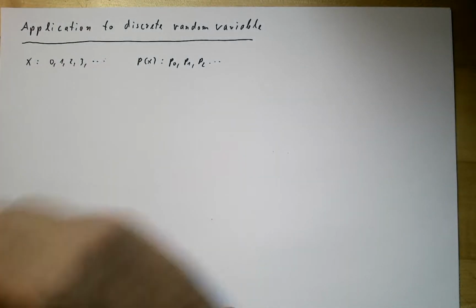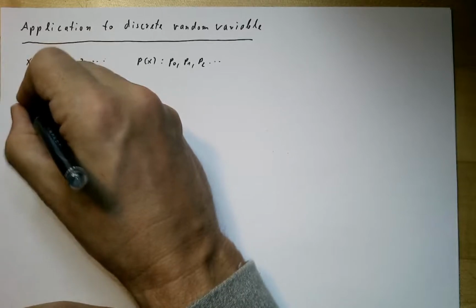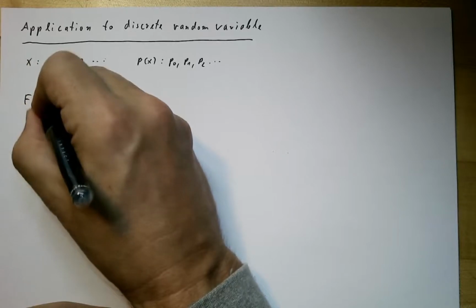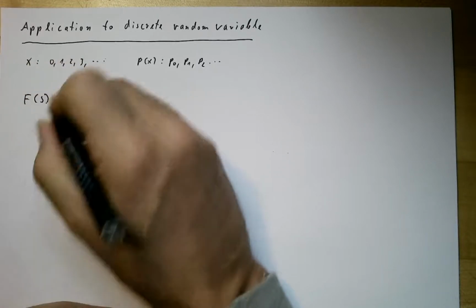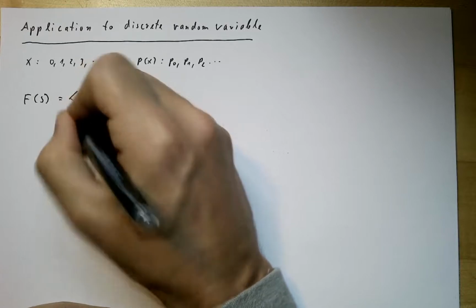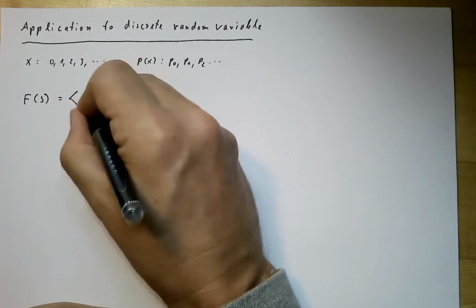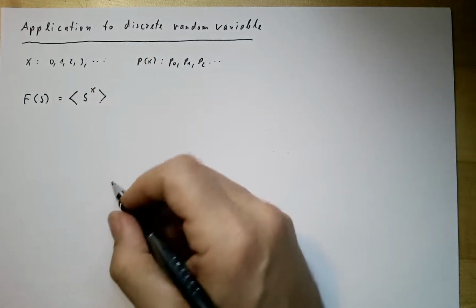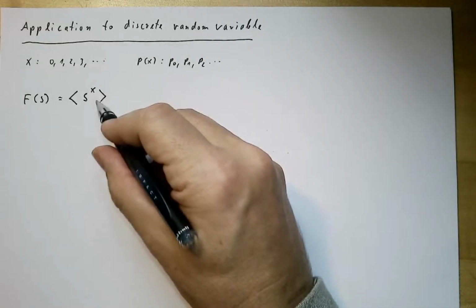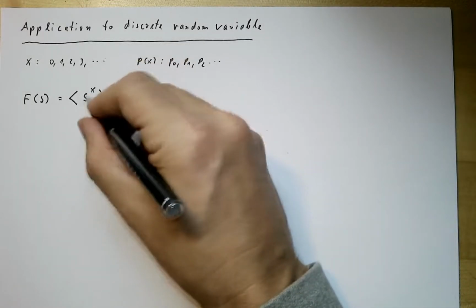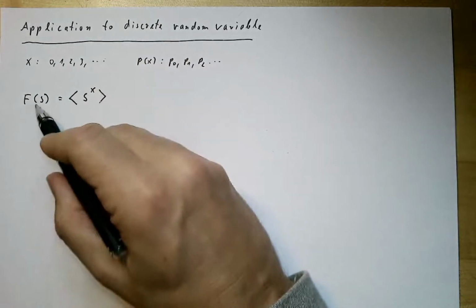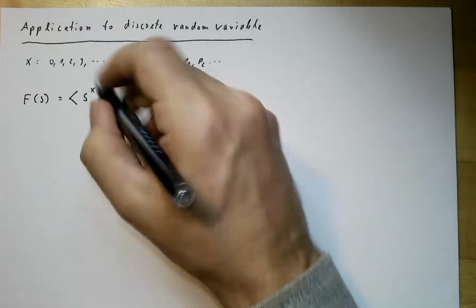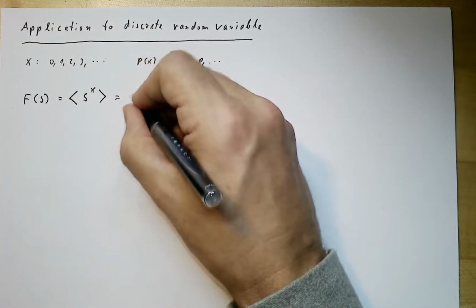And now we can define for this random variable, or for the whole distribution of this, the generating function as the expectation value of a new variable s to the x. So the generating function is an expectation value, and we know what the expectation value means.